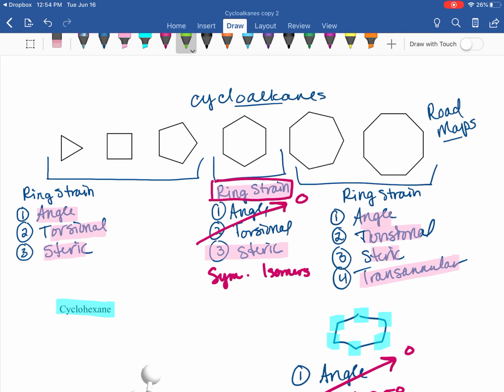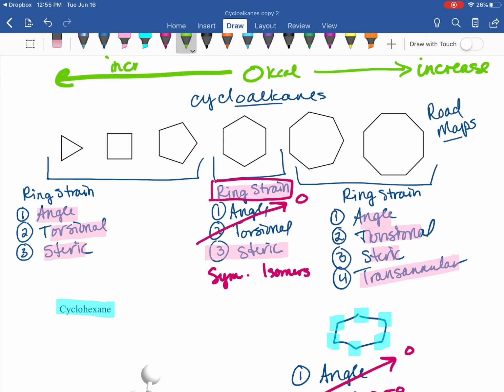So if we want to just talk energy, we're going to call this kind of 0 in our energy. And then we start to get increase again as we go this way. And we actually increase as we go this way. So you can see that cyclohexane is kind of that sweet spot right in the middle.